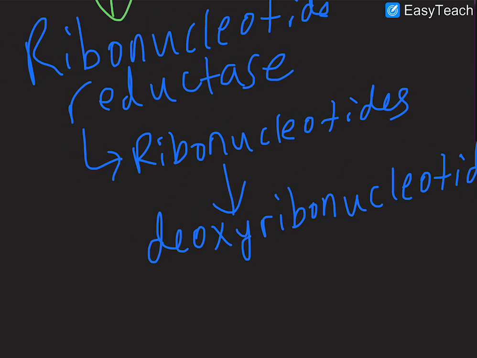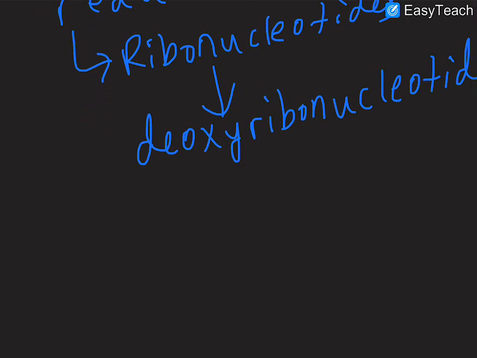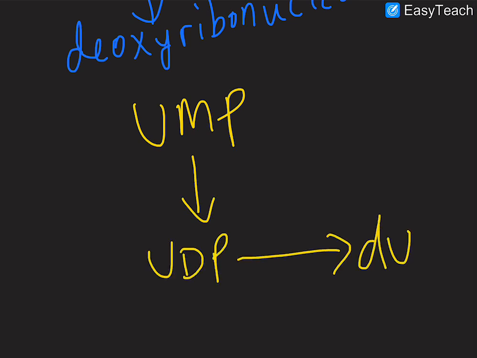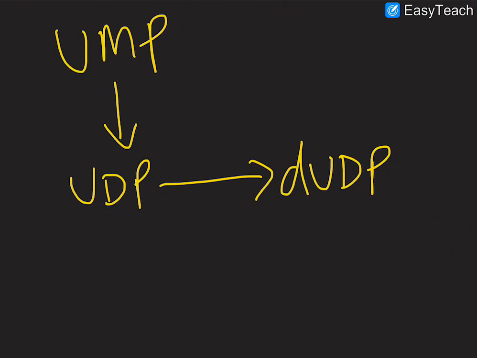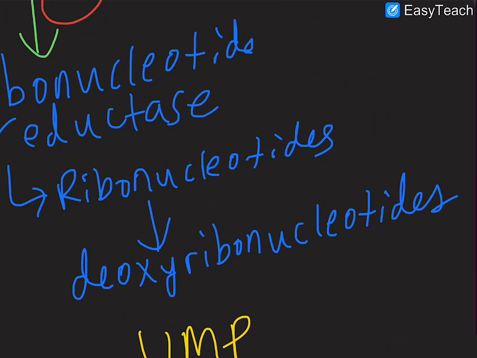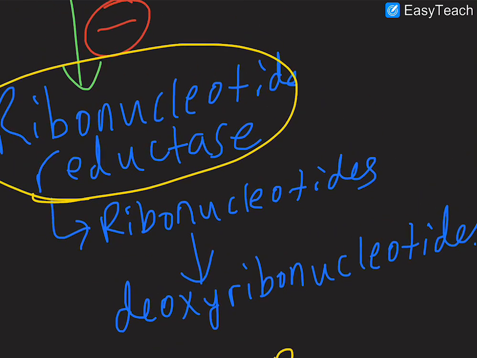So what's an example of this? Well, remember in the pyrimidine synthesis pathway, for example, when all those steps happened until we reached the point where we made UMP, uridine monophosphate, and then from there we can convert that to UDP and then to dUDP. Well, this conversion from a ribonucleotide to a deoxyribonucleotide is done by ribonucleotide reductase.